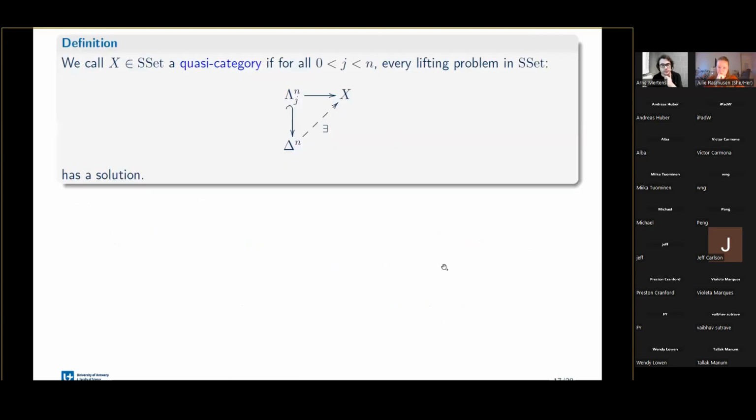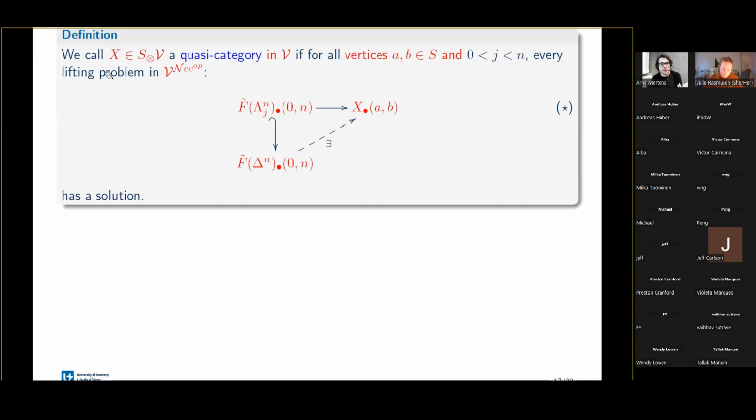So with all this in mind, we can now define what a quasi-category is in this context. Here's again the classical definition of a quasi-category. It's a simplicial set for which every inner horn has a lift. And we simply replace each word by the appropriate word in the templicial context. So we call X a templicial object, a quasi-category in V, if for all vertices A and B in S, and any j strictly in between 0 and n, every lifting problem like this has a solution.